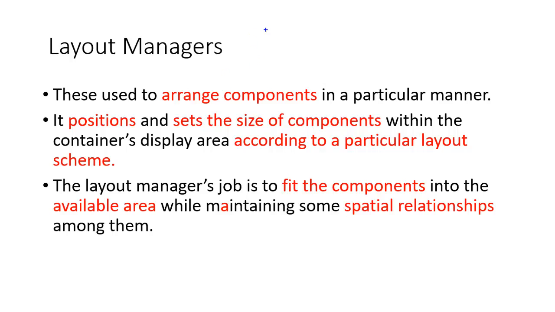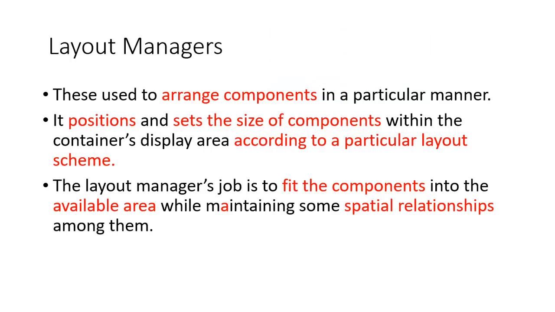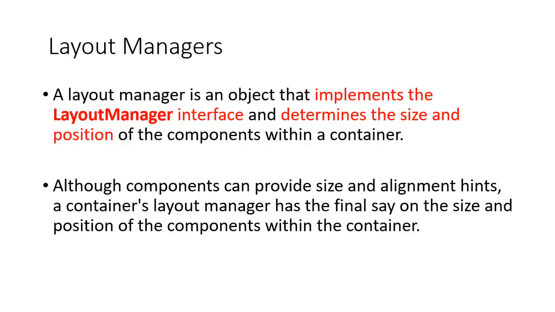In other words, when I place one component and then the next, whether that component will follow the first, or come in a separate row, or be placed at some other location, is all decided by the layout managers.